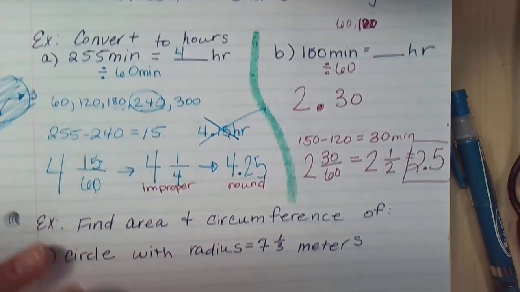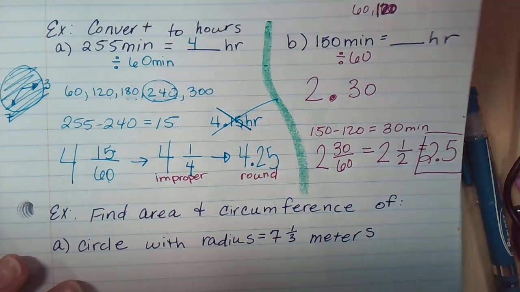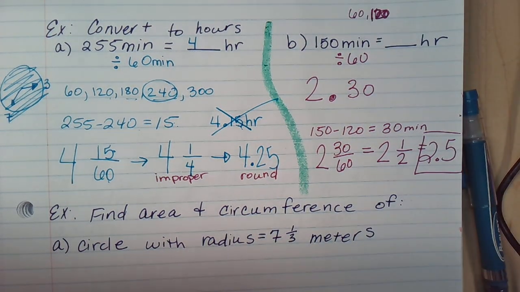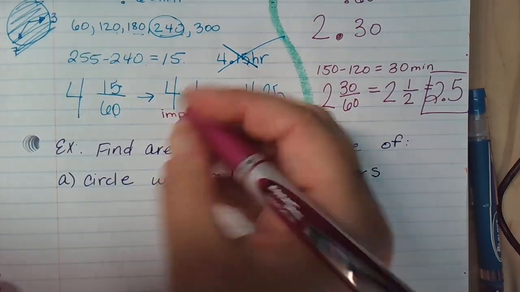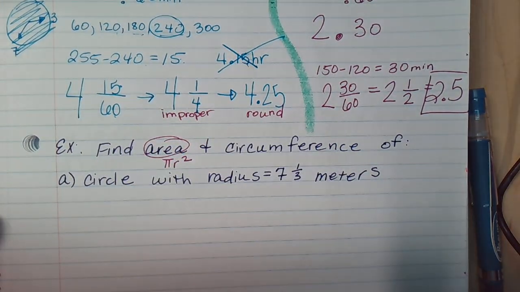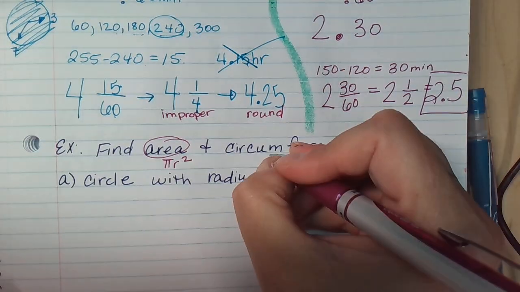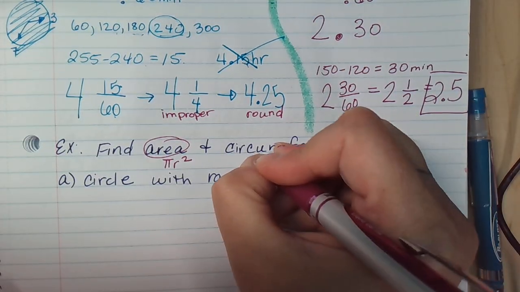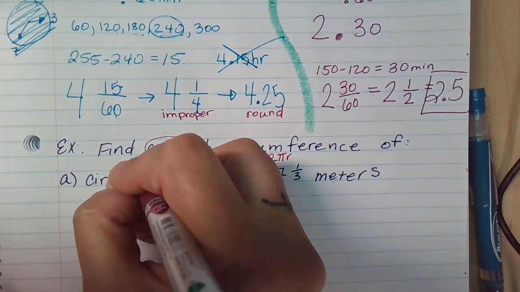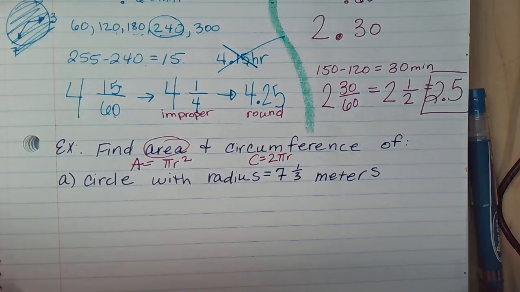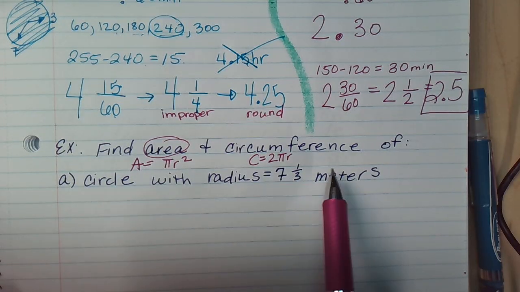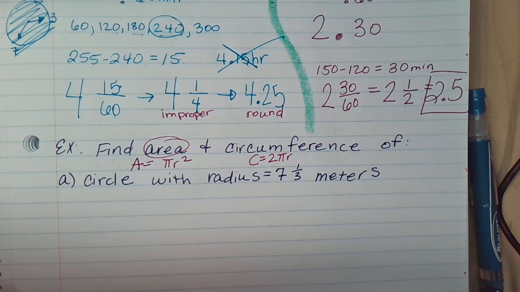All right, let's look at area and circumference of a circle. Area of a circle is pi r squared. Circumference is 2 pi r. Circumference is a big capital C, and area is a big capital A. Let's find the area of a circle with a radius of 7 1/3 meters.